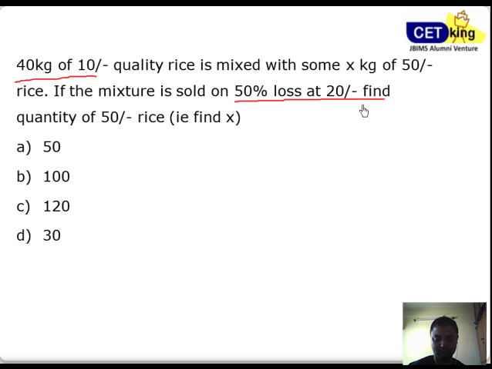So let me just rephrase the words. 40 kg of 10 rupees quality rice, I've added with some kg of 50 rupees rice. If the mixture is sold at 50% loss, at 20 rupees, find the quantity of 50 rupees rice. The quantity of 50 rupees rice is a ratio anyway to find. You have to find the ratio of the things to solve the question.